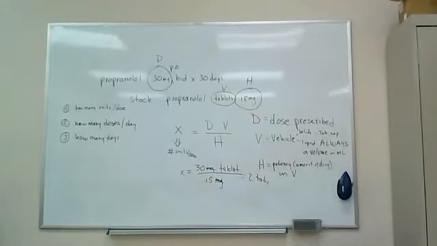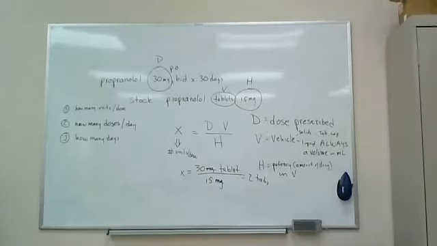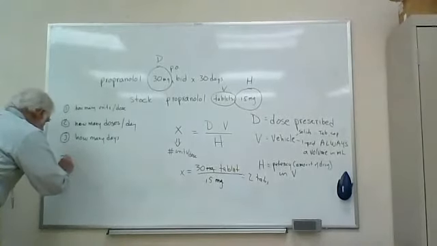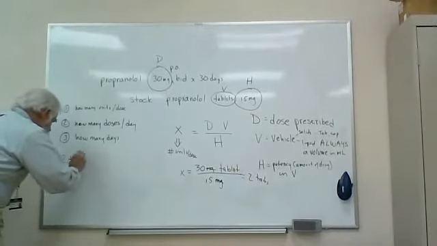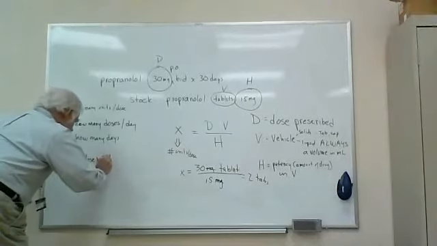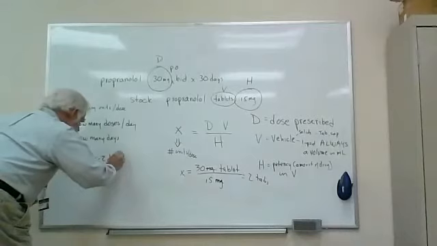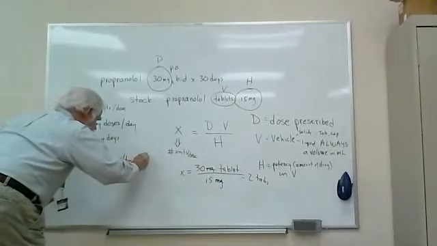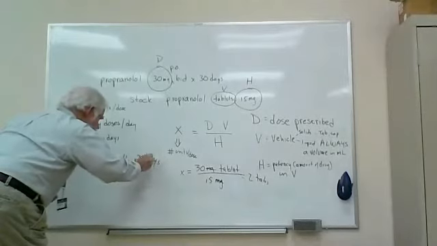Because now to fill a prescription, we have to calculate the total number of tablets that we need to give to the patient. So we have 2 tablets per dose times 2 doses per day times 30 days.